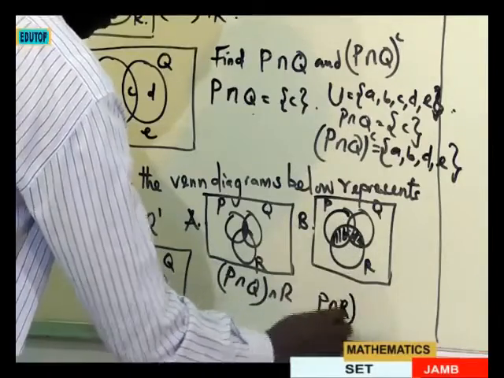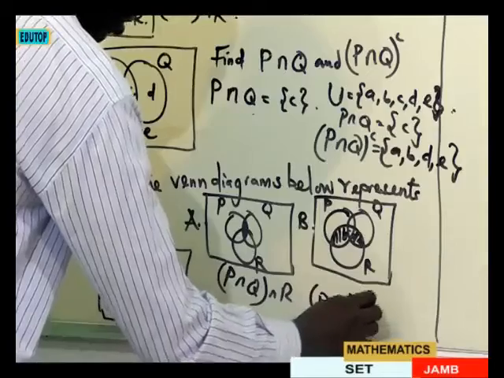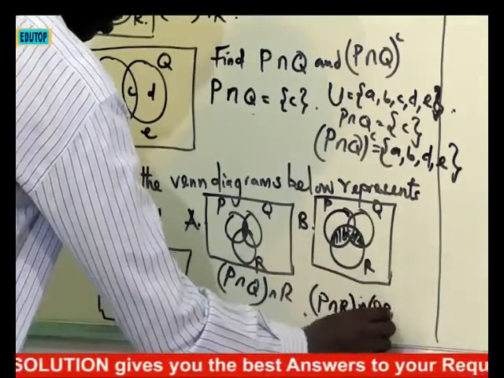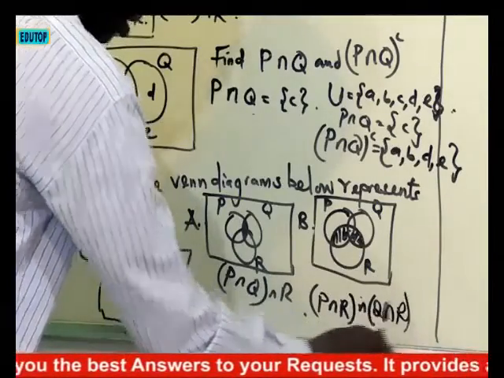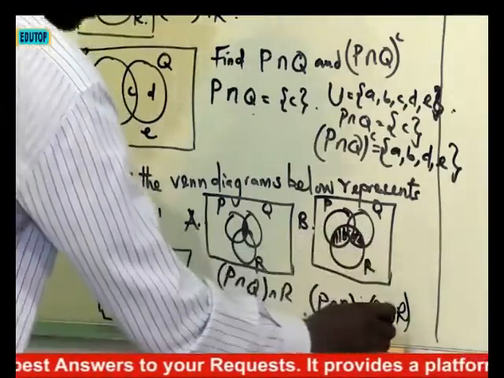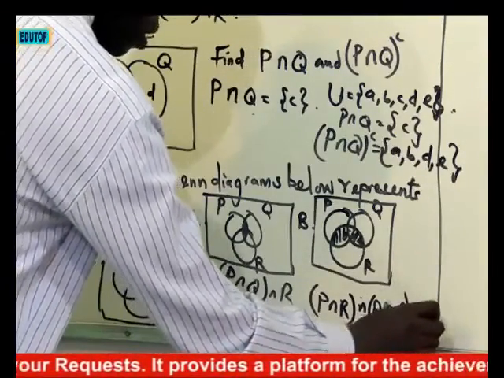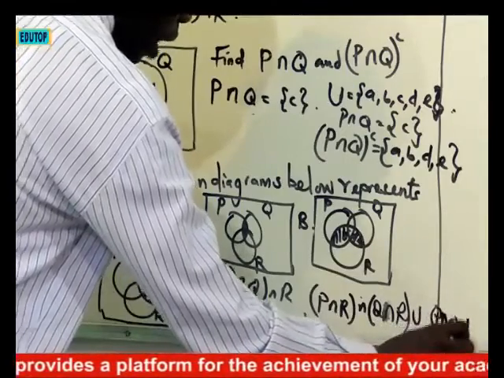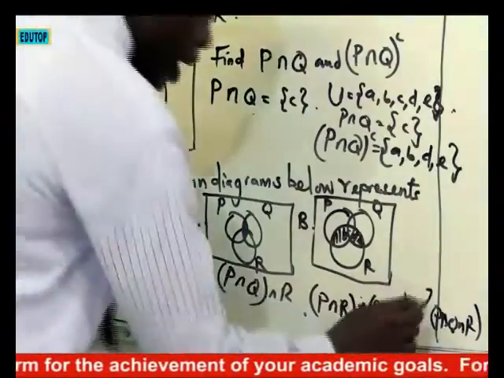Then you have Q intersection R. Then you now have P union R intersection Q intersection R, P intersection Q intersection R. So it's not even there.